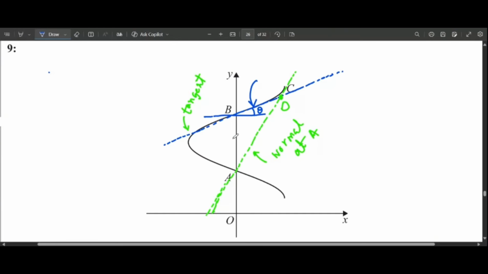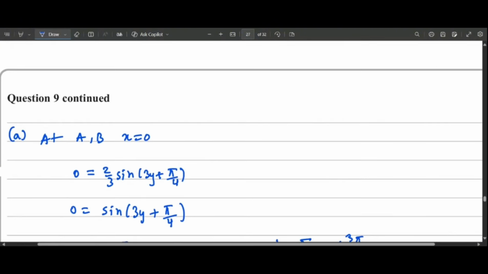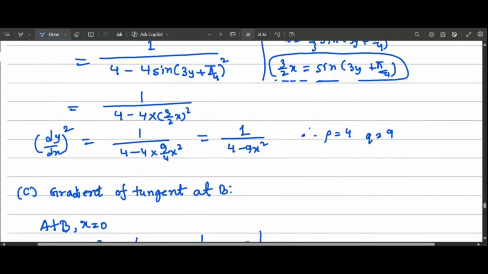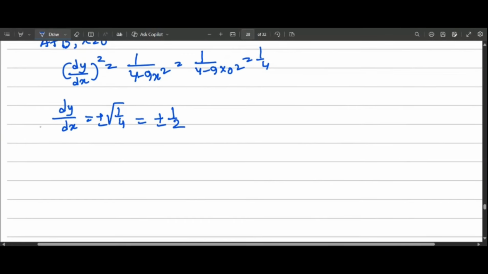That's why the tangent to B will have a positive gradient. That's why we can say that the gradient of the tangent will equal half, because the gradient of the tangent is positive.